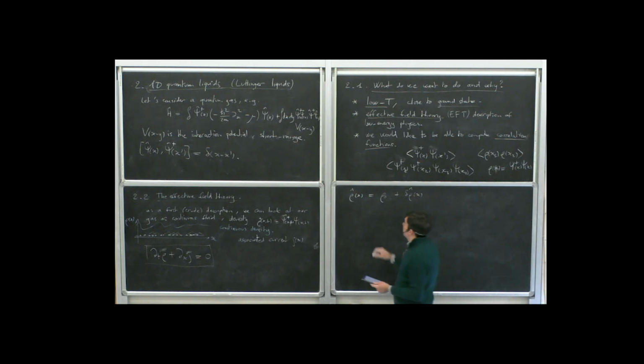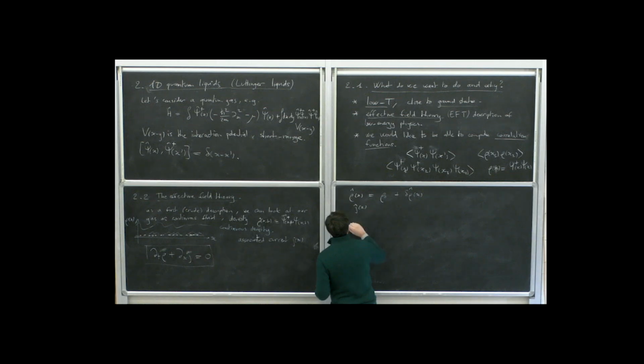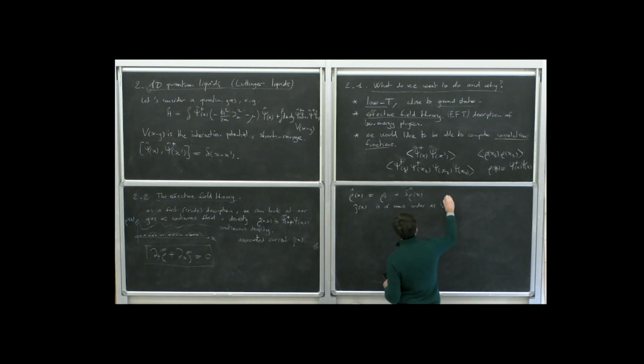The current is also an operator, and it is of the same order as delta rho, not rho naught. So rho naught is much bigger than delta rho.